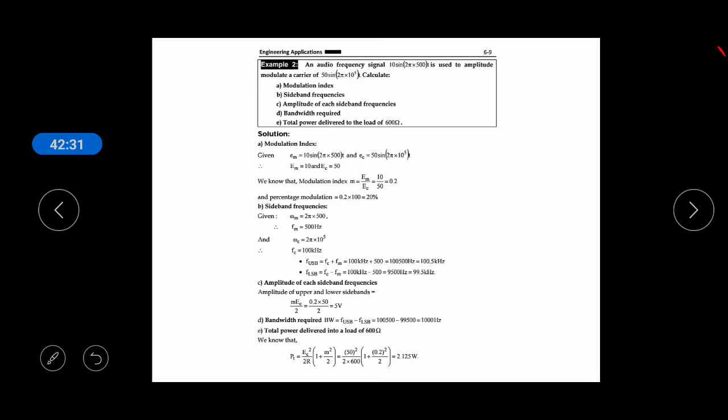I will give the standard format and we will do problems on this AM time domain equation in the next session. The audio frequency signal is used to amplitude modulate the carrier, right?